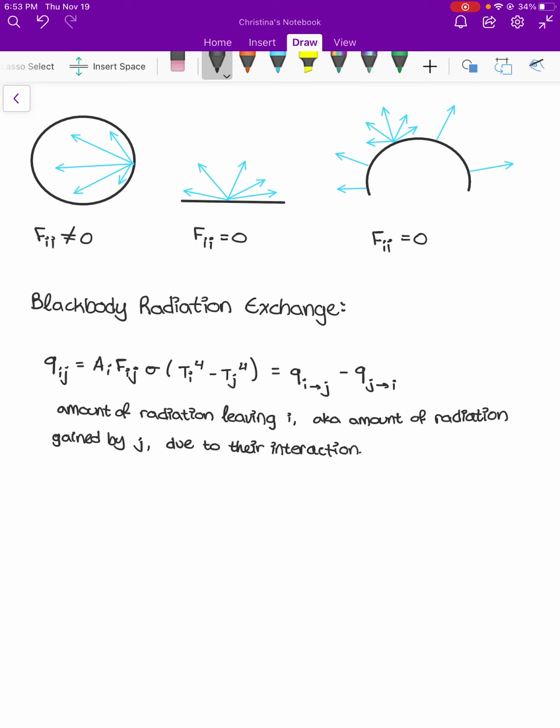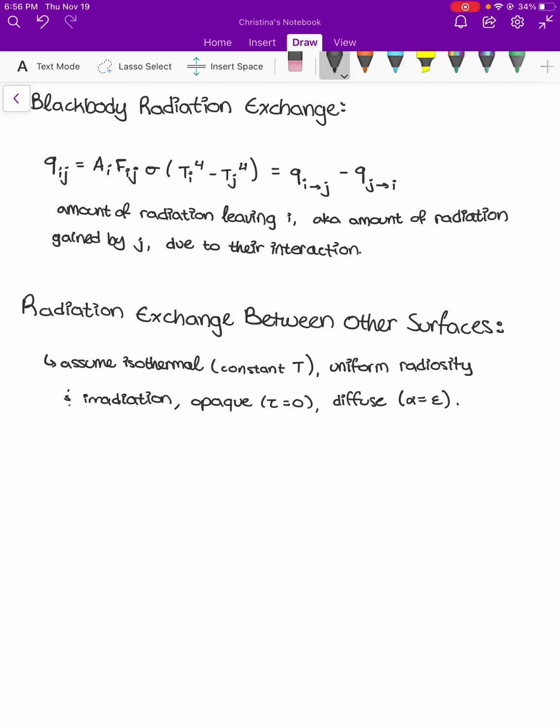Radiation exchange between non-black body surfaces can be complicated, so we simplify it by assuming that the surfaces are isothermal with uniform radiosity and irradiation. They are opaque and diffuse. The last point here about the diffuse surfaces allows us to use Kirchhoff's law and say that the emissivity is equal to the absorptivity. The following equation is the rate of radiation leaving surface i.